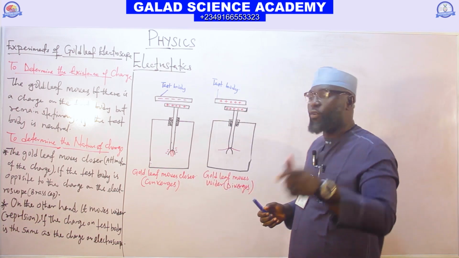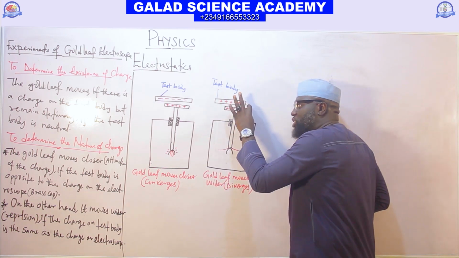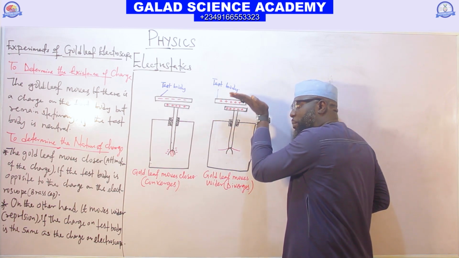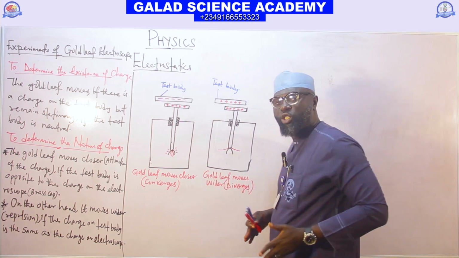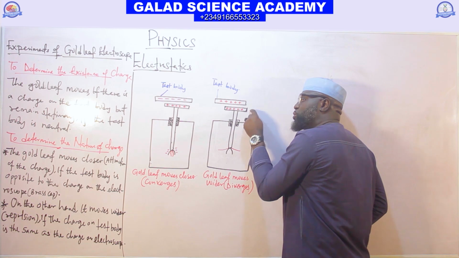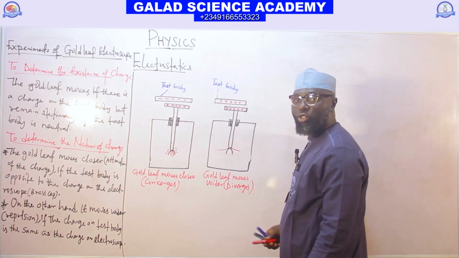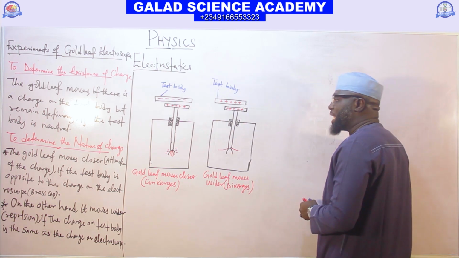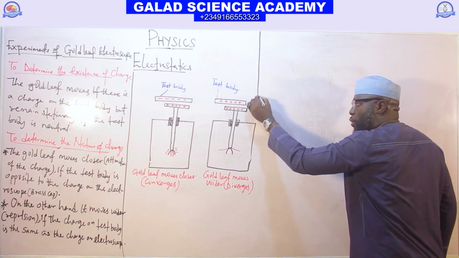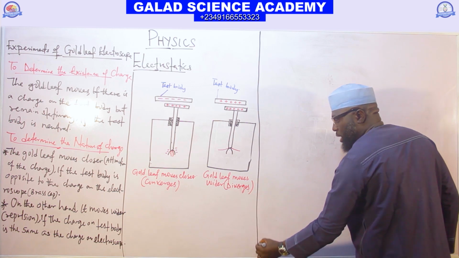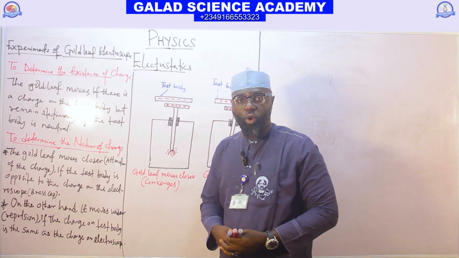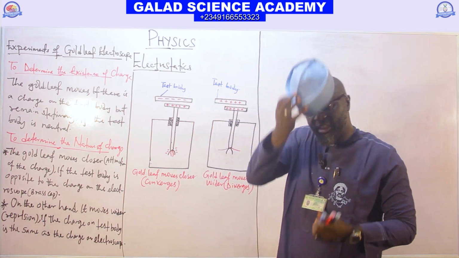But if the gold leaf has a positive charge and the test body is unknown, we place it on the positive electroscope, and the leaf moves wider. It tells you that the test body has the same charge with the electroscope. That is the result of how we can use the gold leaf to determine the nature of a charge.